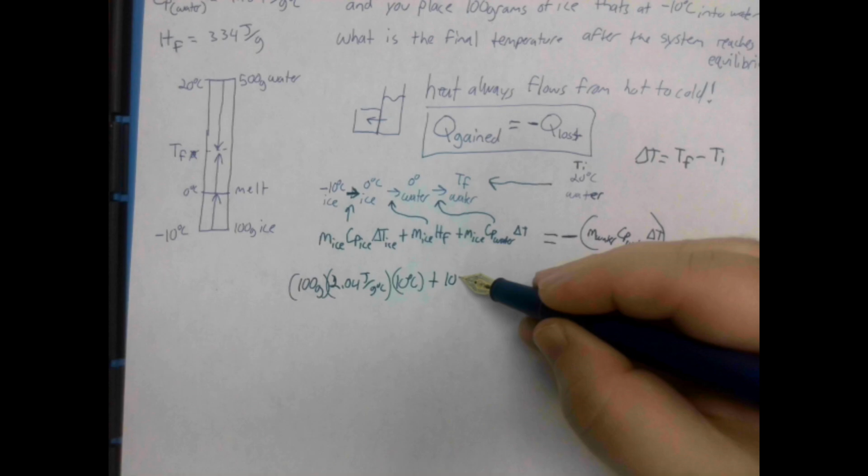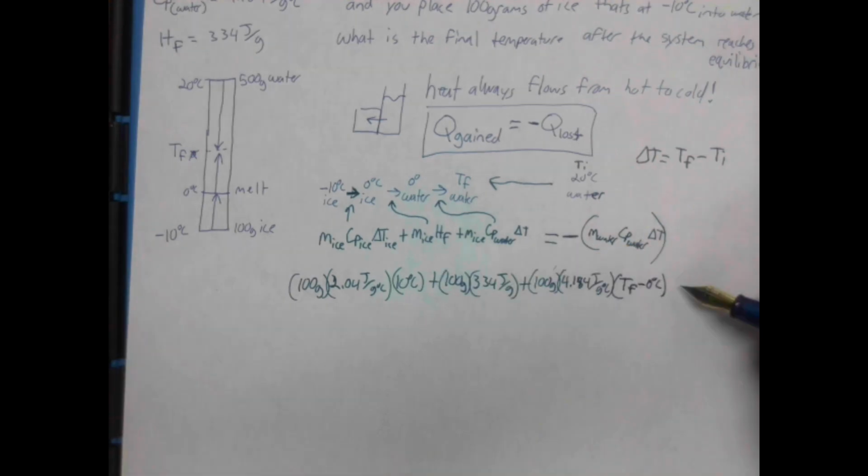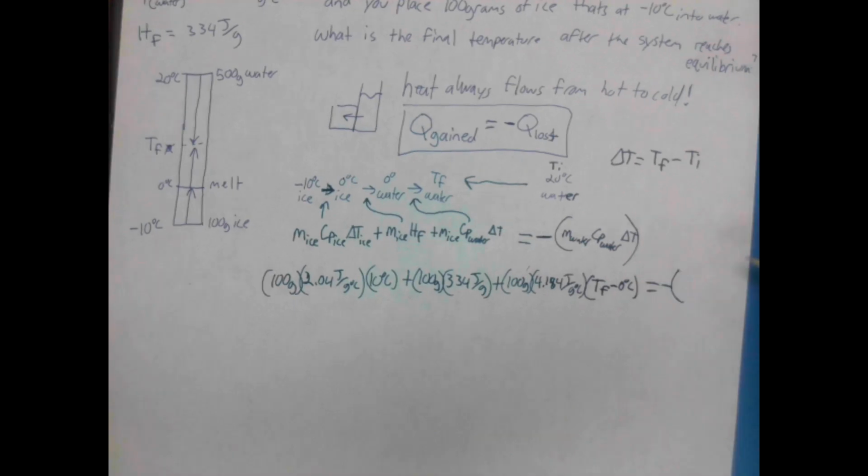Now the ice is melted, so it's 100 grams times 4.184. And we do final temperature minus initial temperature, which is 0 degrees Celsius. And that has to equal negative.